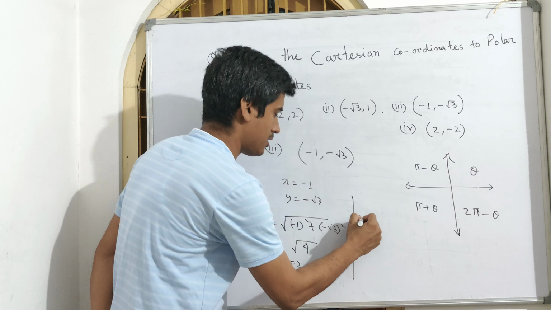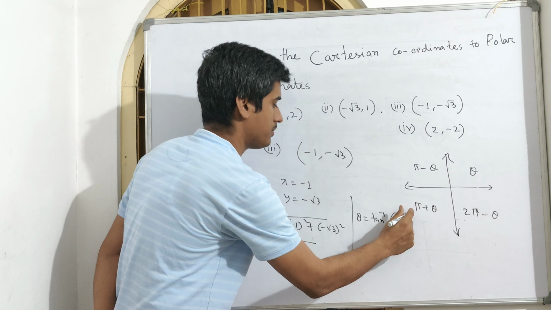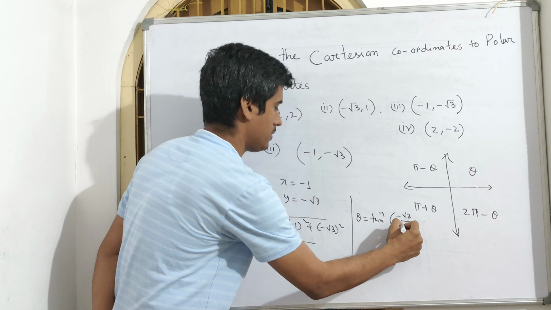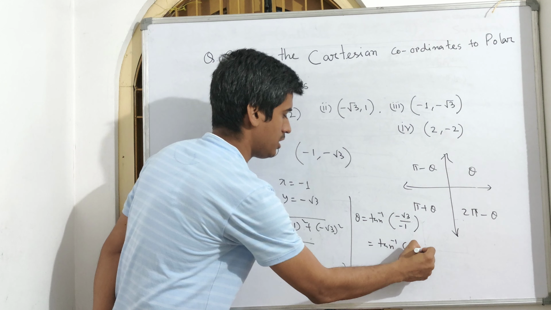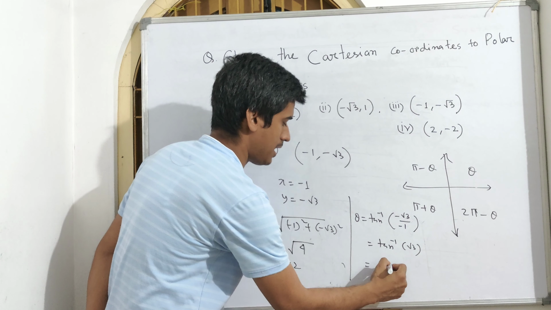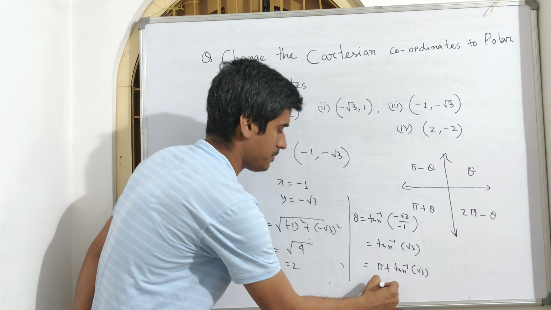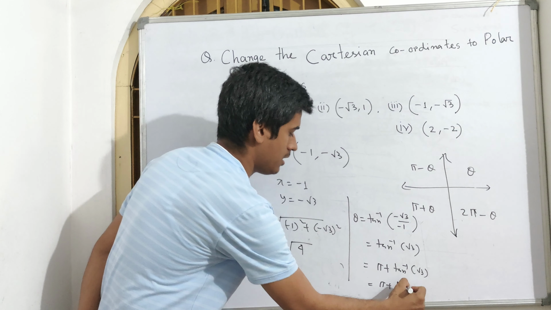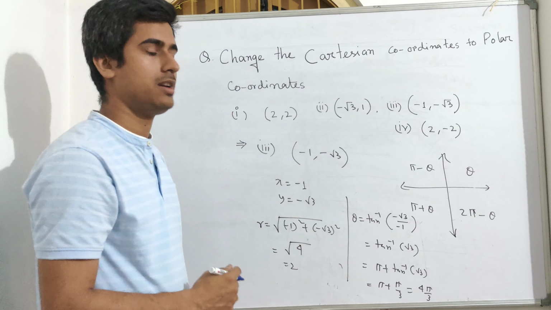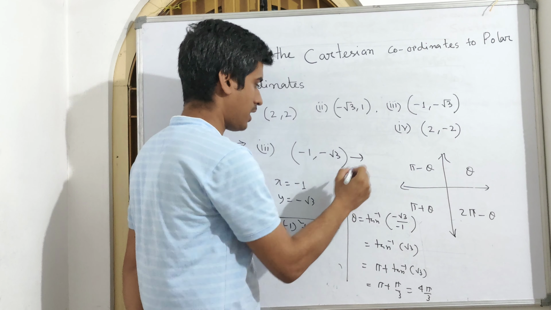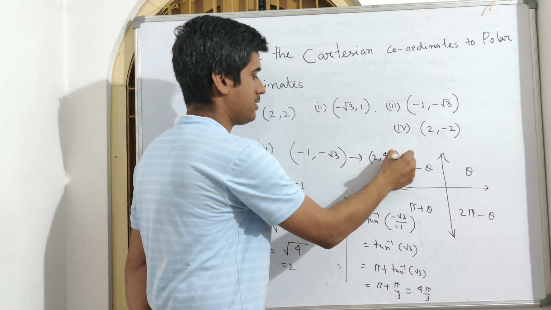So here theta equals tan inverse minus root 3 divided by minus 1, that is tan inverse root 3, that is pi plus tan inverse root 3, that is pi plus pi by 3 equals 4 pi by 3. So the polar coordinate of the given point is (2, 4 pi by 3).